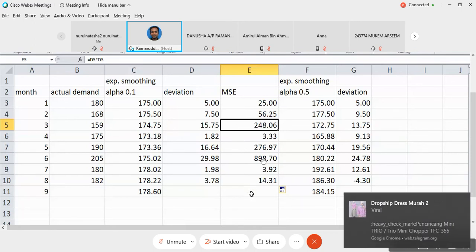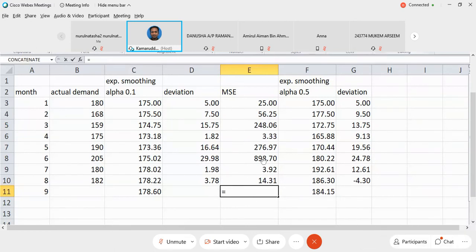Okay. Next, we total up all the data in the mean square. So we get the total value of mean square error here, 1526.54.